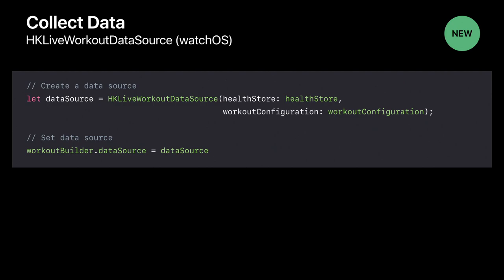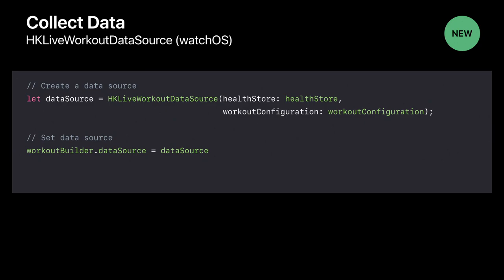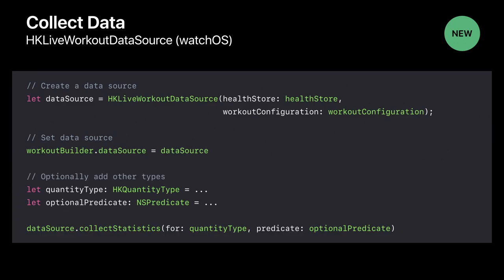And optionally, you can add or remove types that are being collected. So let's say I want to add a type. I can specify which type I want to add here, as well as an optional predicate if I want to further limit which types are being collected. And finally, we just call data source.collectStatistics for and pass the type as well as the optional predicate.